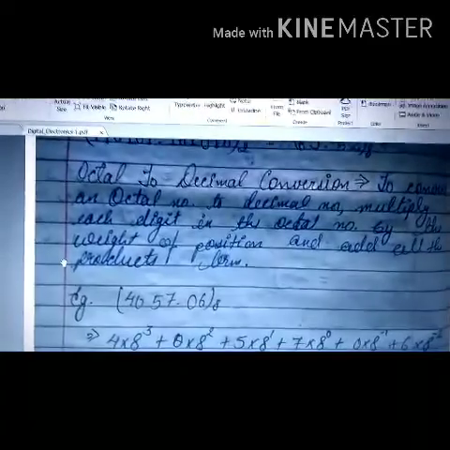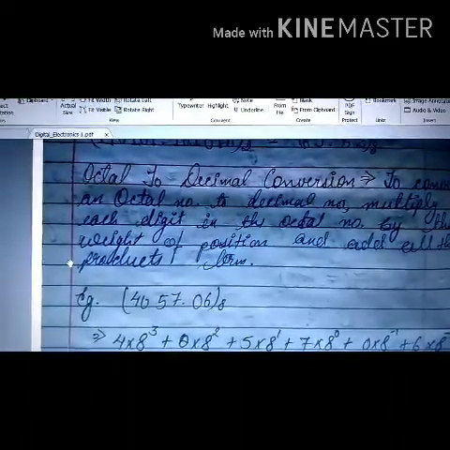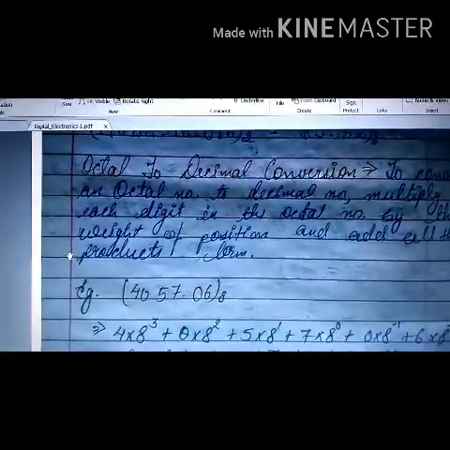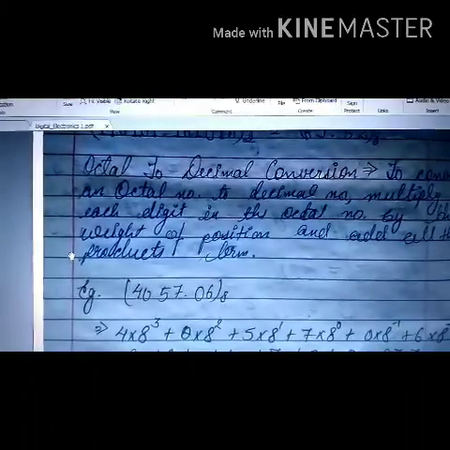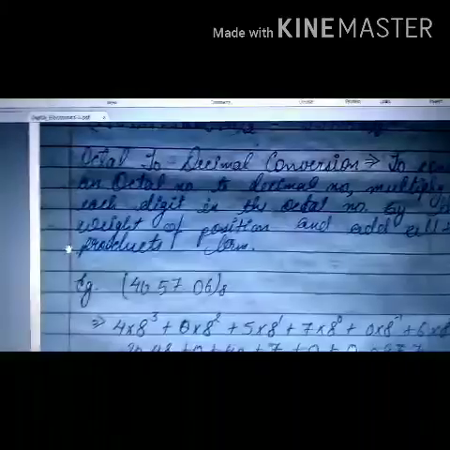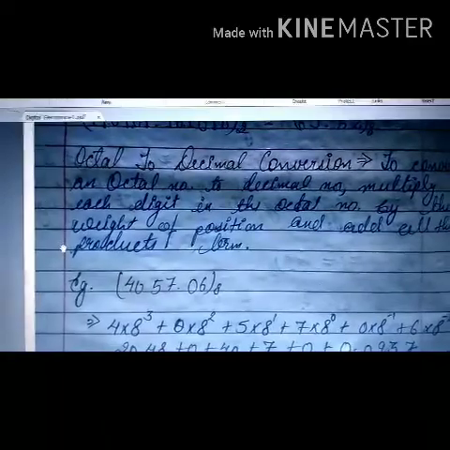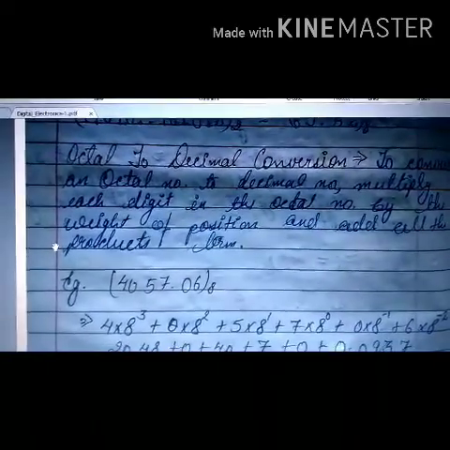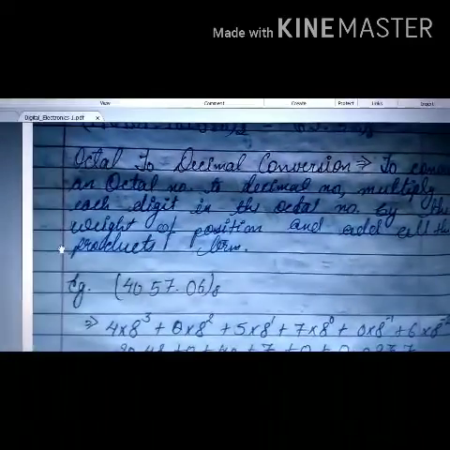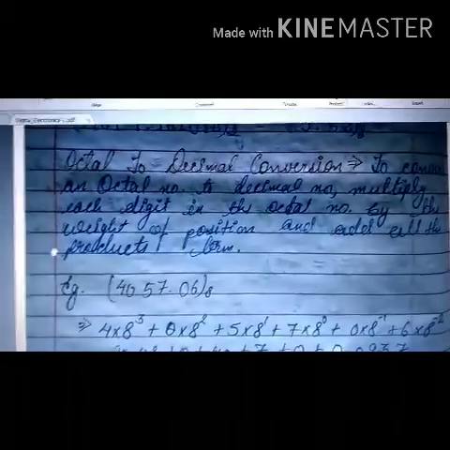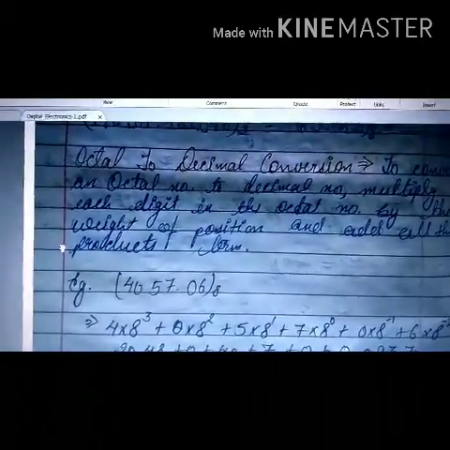Now, starting with the octal number system. Let me give you a brief about it. Its radix or base is 8. It has 8 digits, from 0 to 7, so any digit higher than 7 will not be considered in the octal number system.